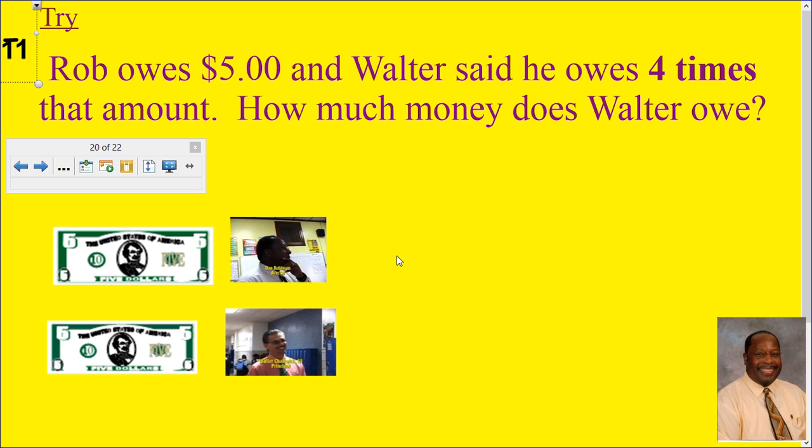We'll put a negative sign to indicate that he owes money. So that'd be owes negative $5. And Walter said he owes 4 times that amount.